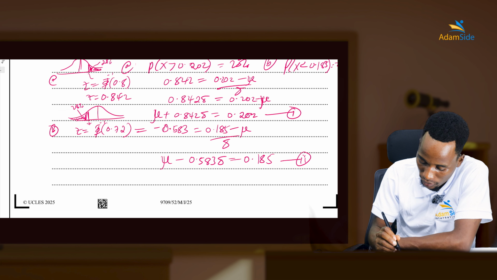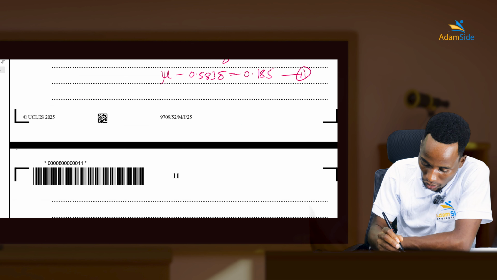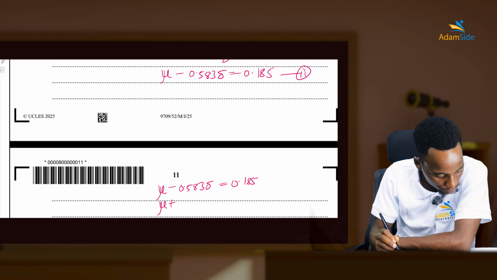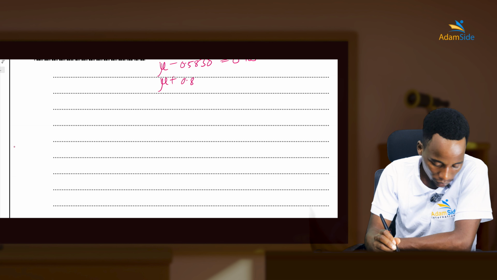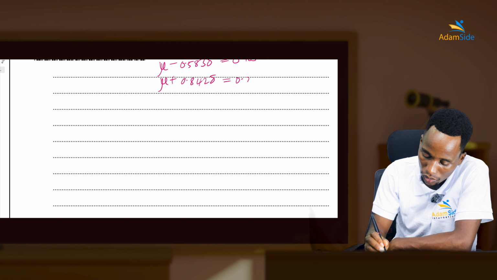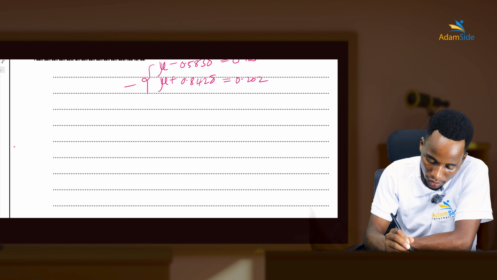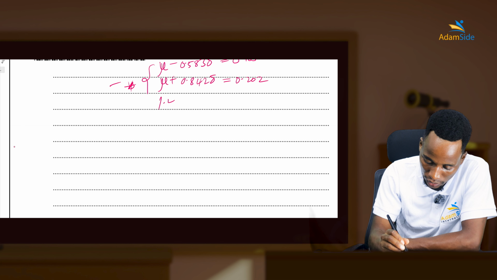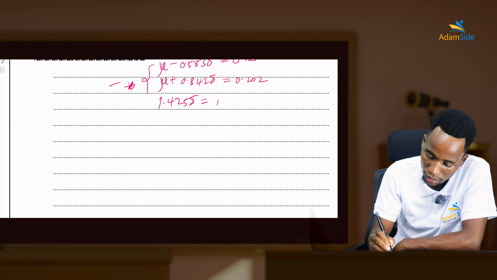So we're going to solve them simultaneously. The first is mean minus 0.583 standard deviation equals 0.185, and the second is mean plus 0.842 standard deviation equals 0.202. If you subtract, the mean will cancel, and you get 1.425 standard deviation equals 0.017.